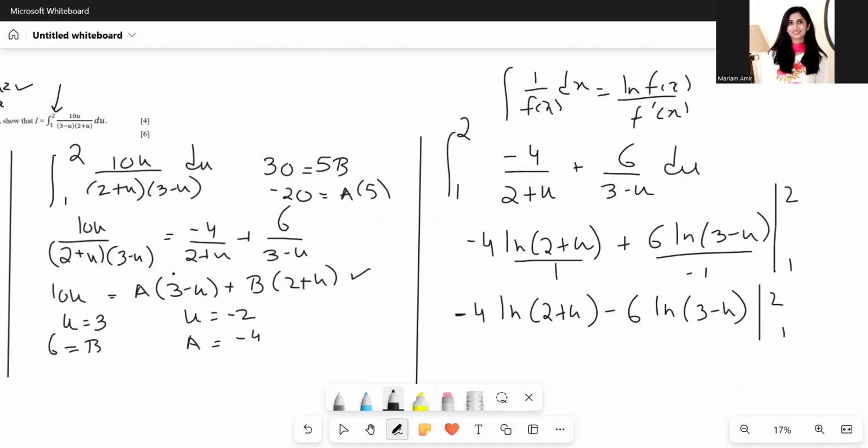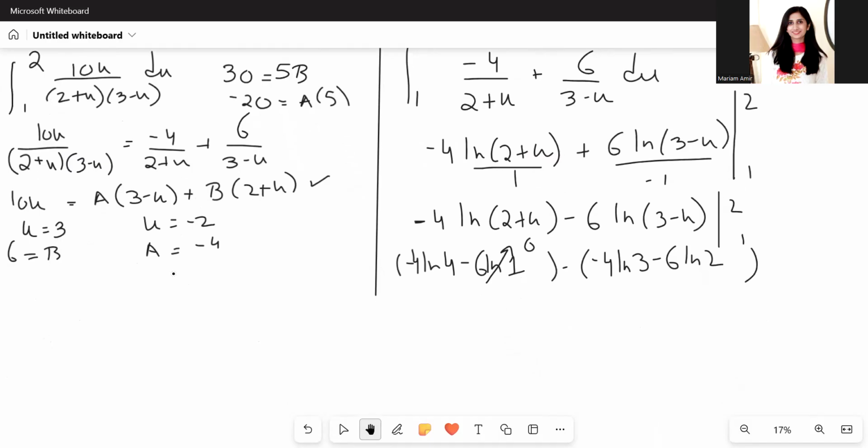Okay, let's substitute the limits. Let's substitute 2 first. So we get minus 4 ln 4 minus 6 ln 1. Ln 1 is 0, by the way, so this gets eliminated. Then a minus sign, then minus 4 ln 3 and minus 6 ln 2.